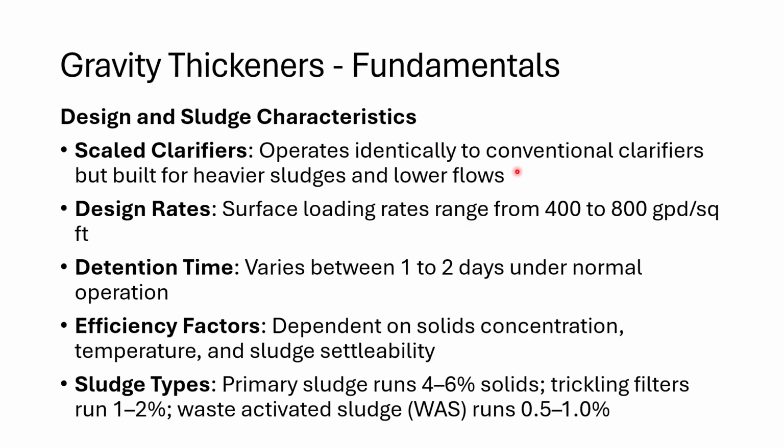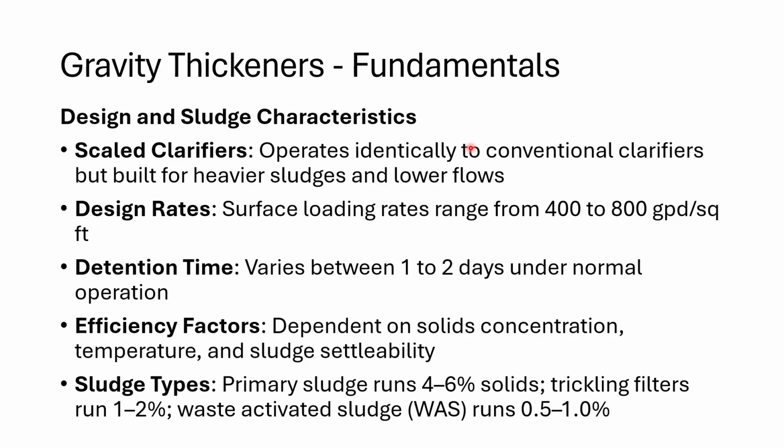Recall that in the primary clarifier, we're bringing in pretty much the entire volume or flow of the waste stream, and it's more of a lighter material because our solids aren't as concentrated. But once we concentrate those solids into a sludge, we've still got a moisture content, but it's a lot heavier sludge, and they're lower flows that we're dealing with.